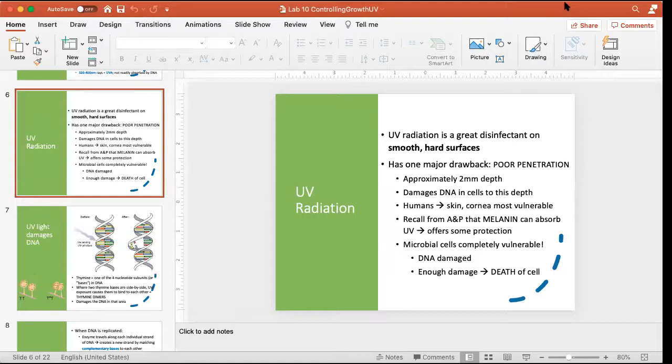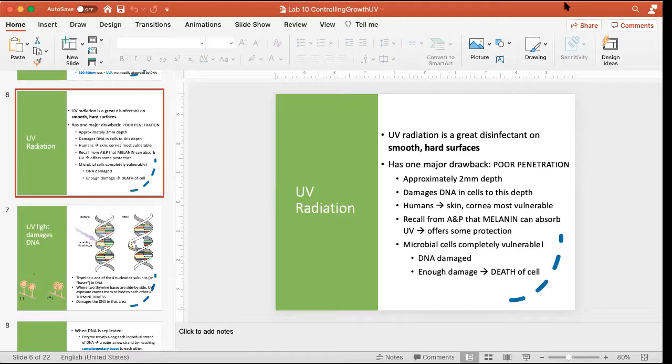And we said that ultraviolet radiation, while it's invisible to our eyes, we know that it's coming from our sun. And we know that it belongs to the types of electromagnetic radiation that are capable of penetrating living tissue. Now, ultraviolet is the weakest of the types of electromagnetic radiation that can penetrate tissue. It's only capable of penetrating to a depth of about 2 millimeters.